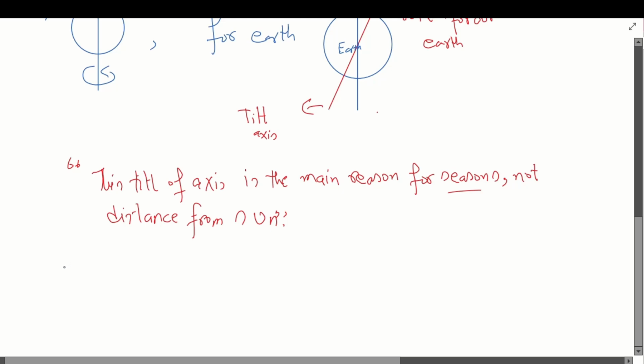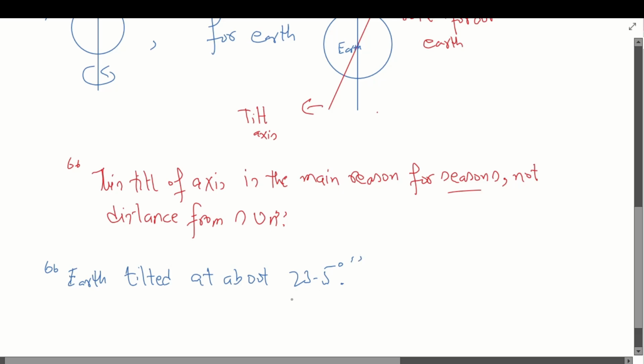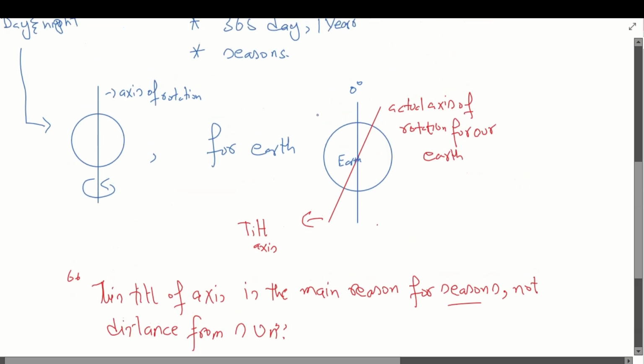So you should know the earth is tilted at about 23.5 degrees. Just keep that number in your mind. So it means if this one is 0 as a reference to the axis, this angle is basically 23.5 degrees.